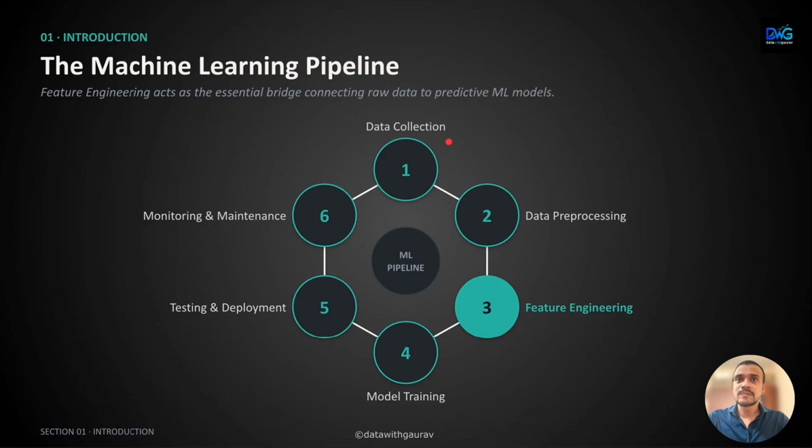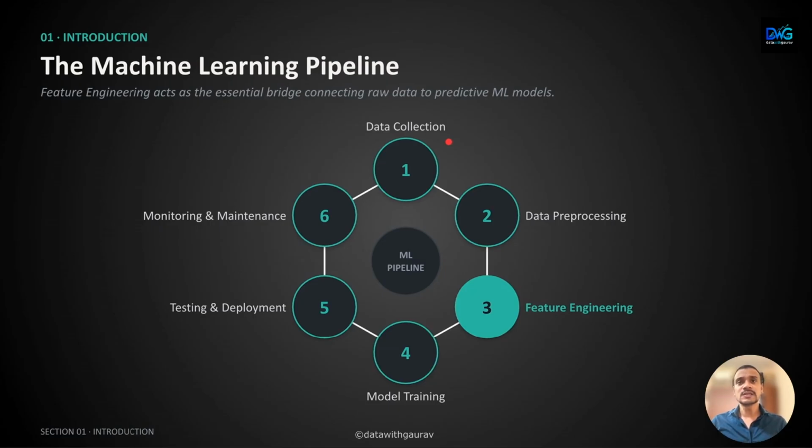The next obvious step is data pre-processing. Here we clean the data, we handle the missing values, we remove inconsistencies, and prepare it for further analysis. Once the data is clean, we move to the next stage, that is feature engineering. This is where we transform the pre-processed data into meaningful features that capture useful patterns and information.